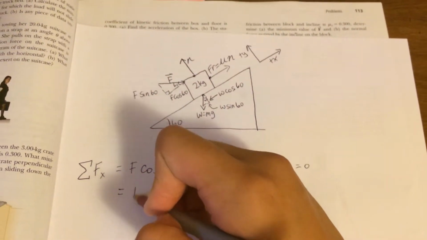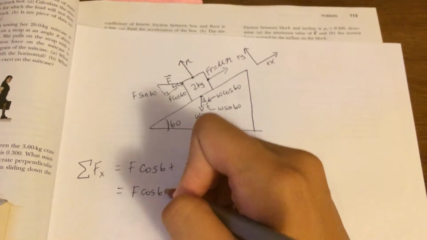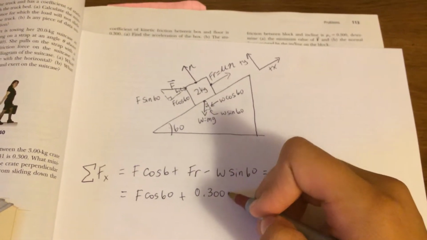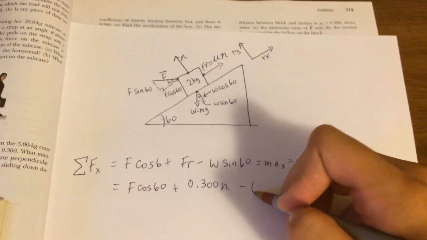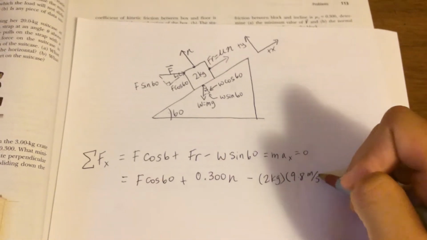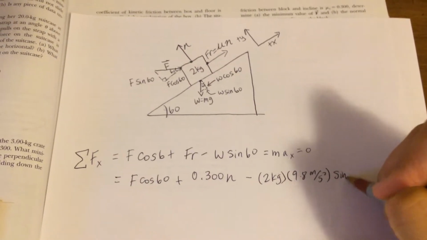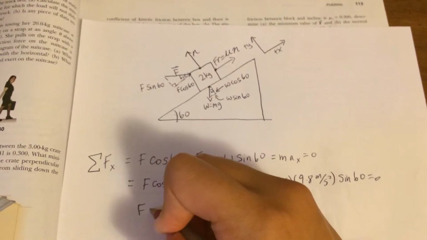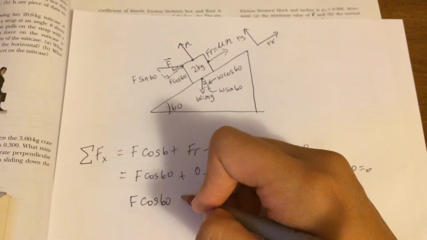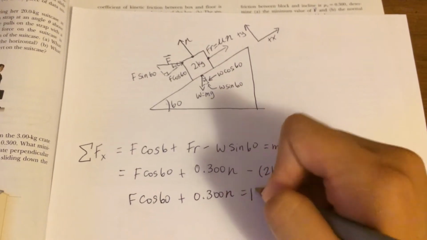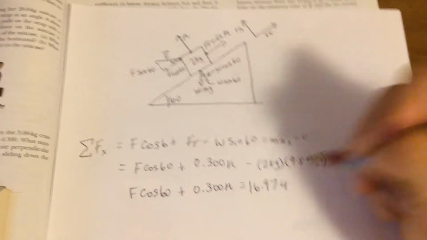So that equals F cosine 60 plus friction is 0.300 times the normal force minus 2 kilograms times 9.8 meters per second squared sine 60 equals 0. And then F cosine 60 plus 0.300 times the normal force equals 16.974. We brought that over there.